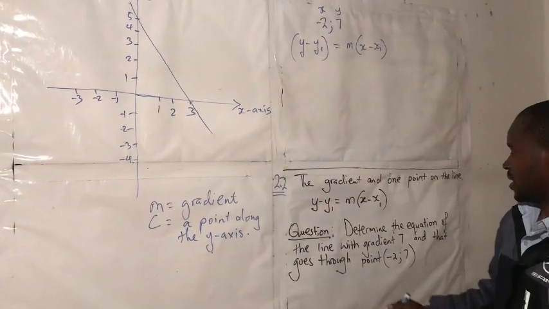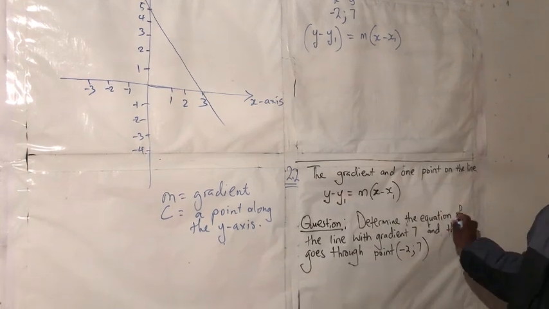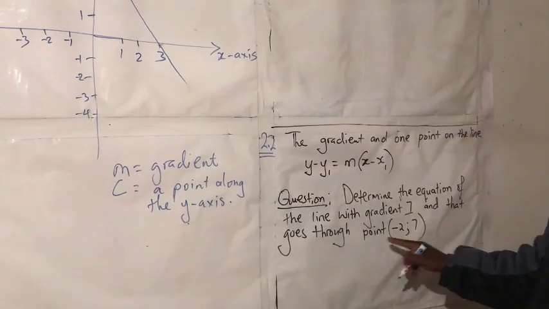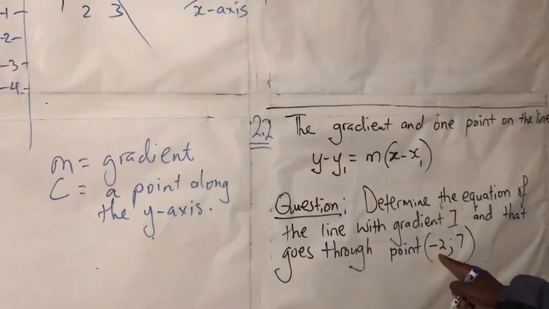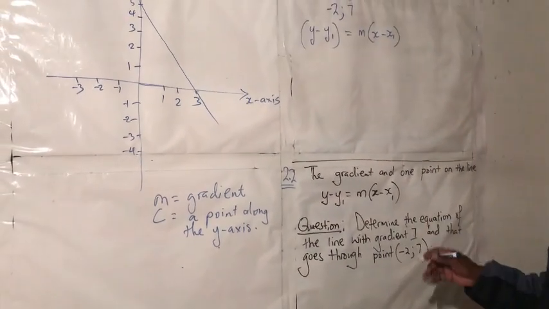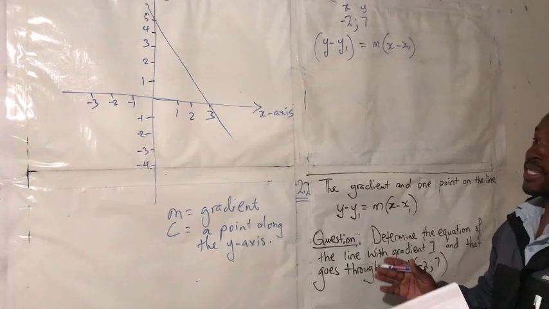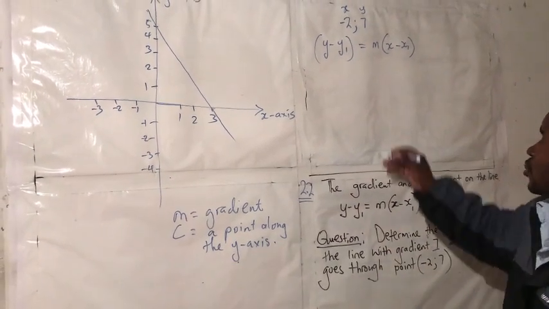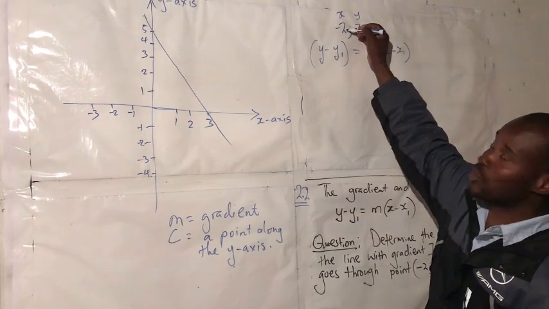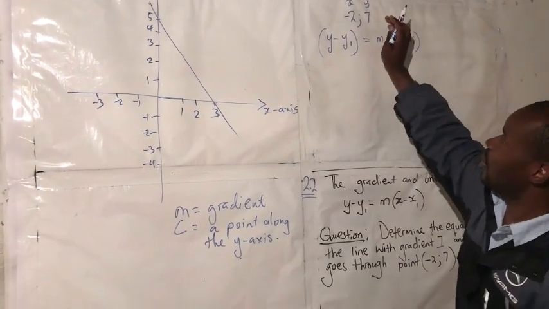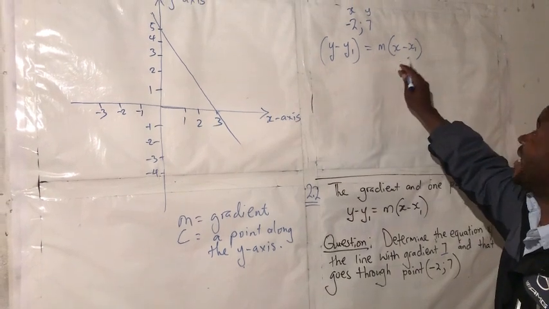Alright, since our question requires us to determine the equation of the line with gradient 7, but this line goes through a point -2 and 7, what is important is to know which point represents the x coordinate and which one is the y coordinate. So in this case, -2 is the x coordinate and 7 is the y coordinate. So we have to substitute all values, including our gradient 7.